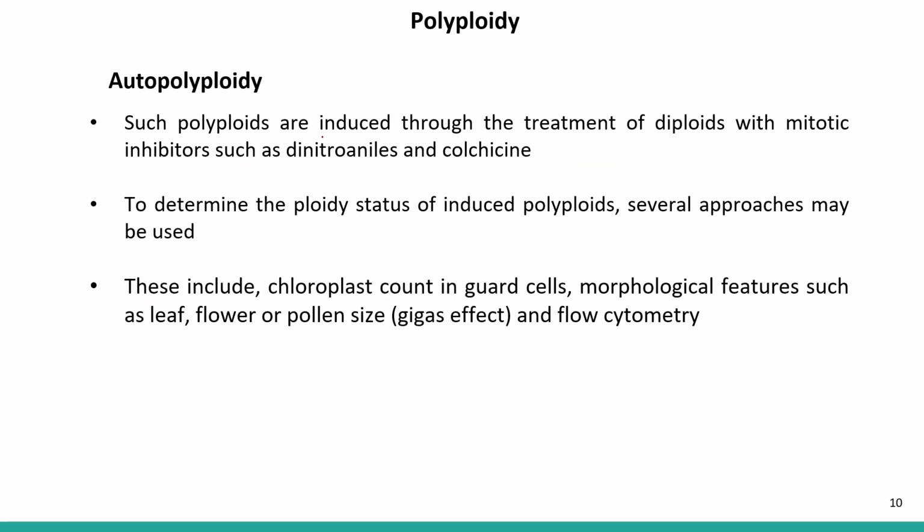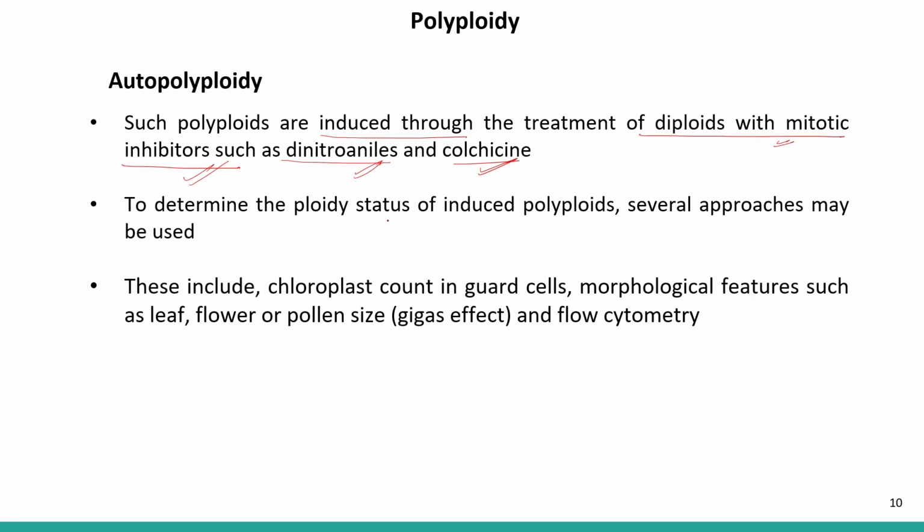Such polyploids are induced through the treatment of diploids with mitotic inhibitors such as dinitroanilines and colchicine. These are some of the chemicals used for treating diploids. They inhibit the mitotic spindles and lead to the formation of diploid gametes.